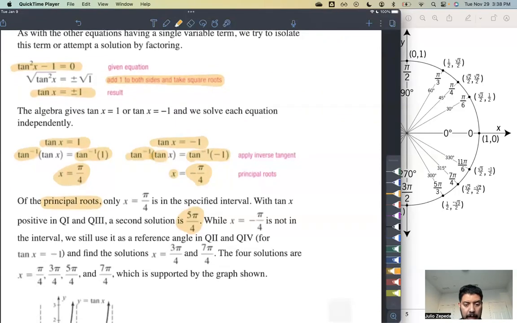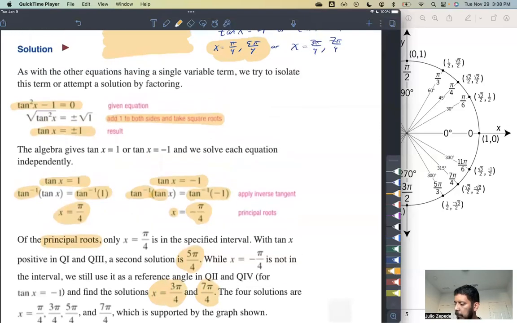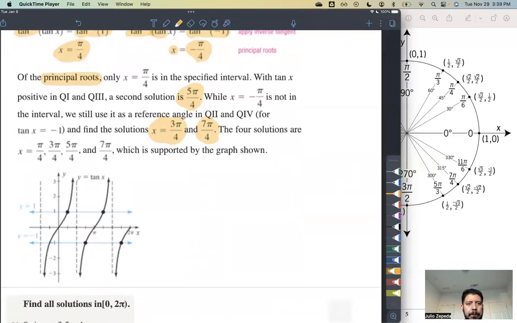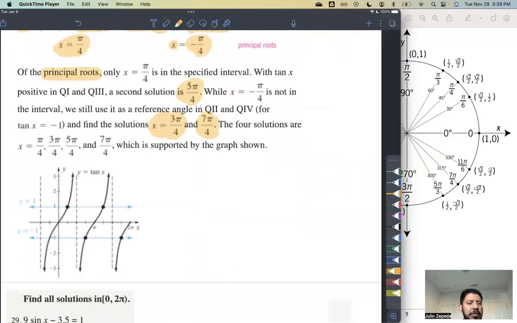So they end up converting this angle here and getting 7 pi/4 and 3 pi/4. Okay, and those are the same ones that we got. So, nice little solution there. And then you can see the graph here.